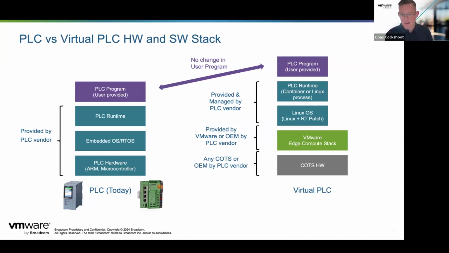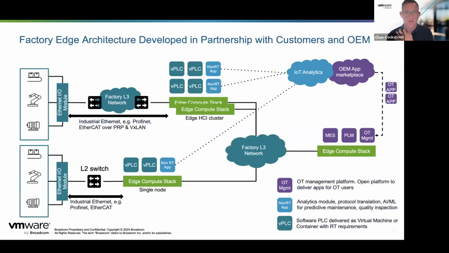If I pull this all together in architecture, I've got a couple more slides just to conclude the manufacturing piece. This is what it all looks like pulled together. And as I said, there's a mix of what you might traditionally see in public-private clouds, the IoT analytics and the app workplace, an edge compute stack on the edge of the plant line, consolidating some of those management layers.